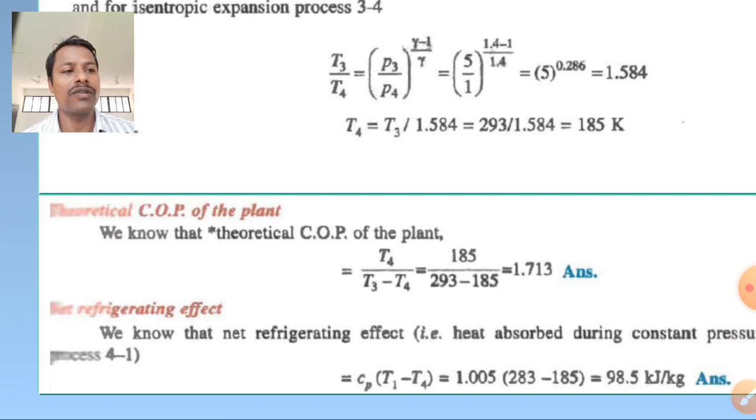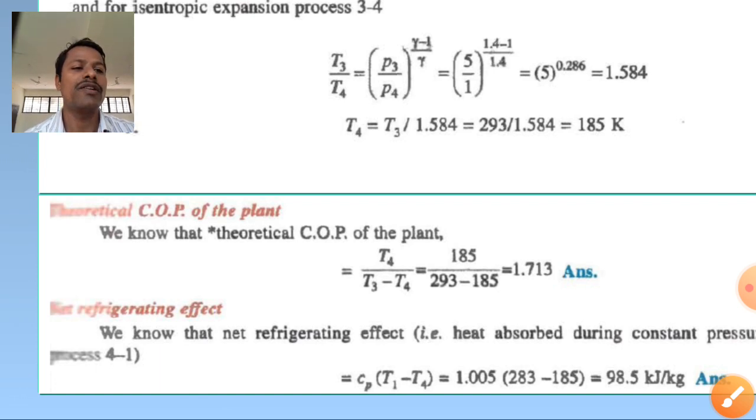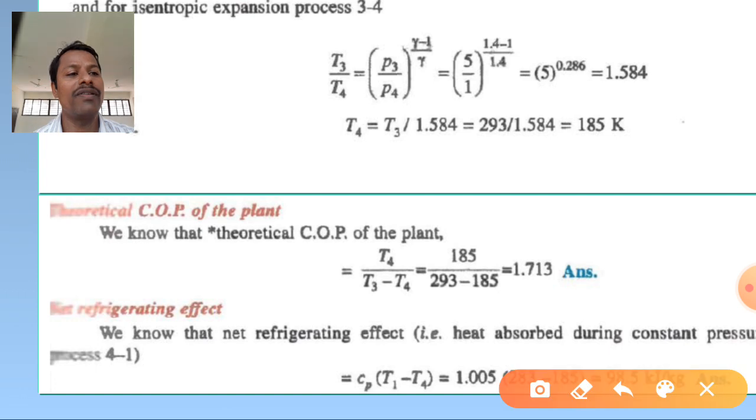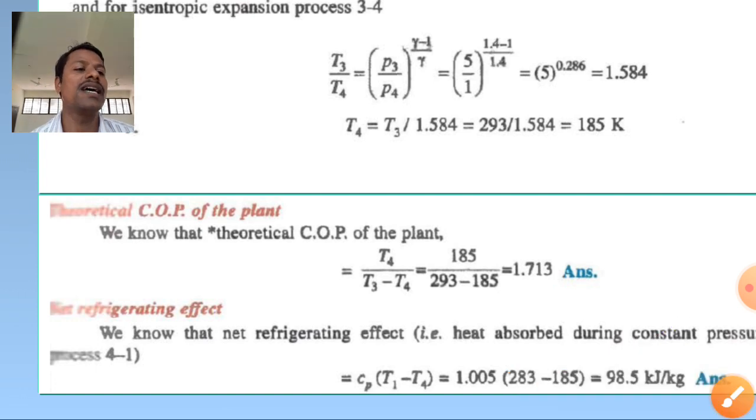Therefore, we can write it as Cp into T1 minus T4, and we know the values of temperatures T1 and T4. T1 was given as 283 Kelvin and T4 is calculated as 185. So, finally, I am able to calculate the refrigeration effect, that is heat absorbed per kg of air circulation inside this Bell-Coleman cycle, as 98.5 kilojoule per kg. So, this is the answer.